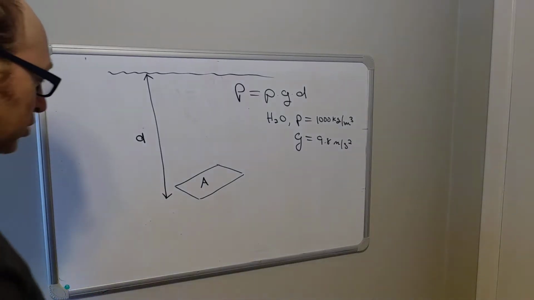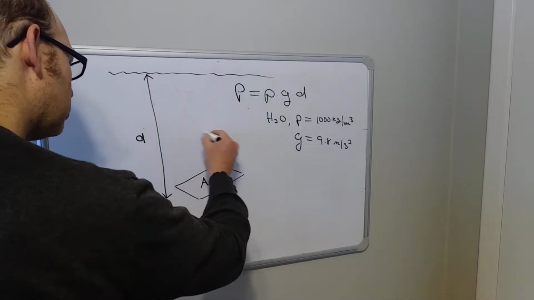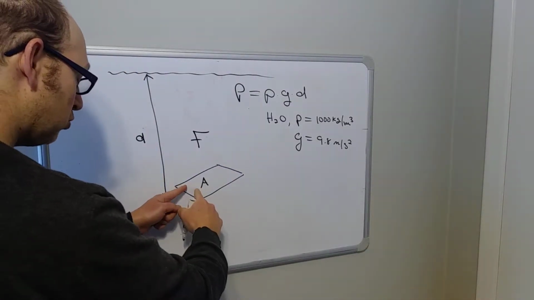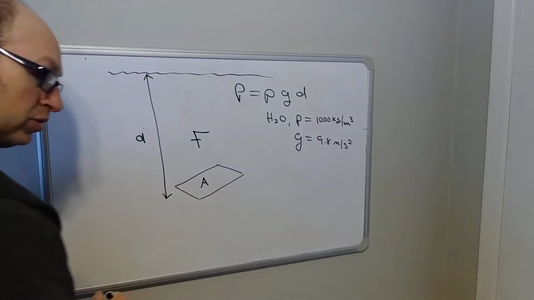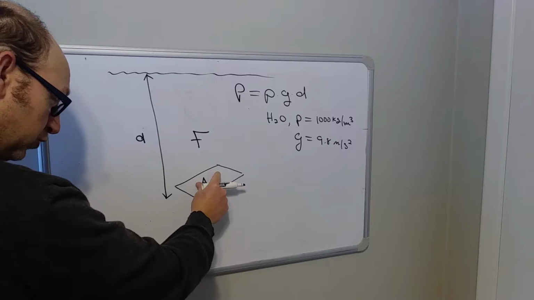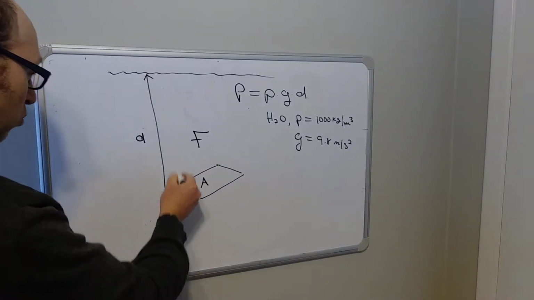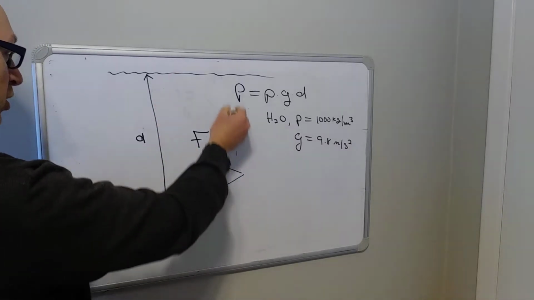Then one can ask the question, what is the hydrostatic force? What does the water do to this plate? Like, if you were this plate, what force would you feel from the water pushing down on you? Well, it's basically the weight of the water above this plate.